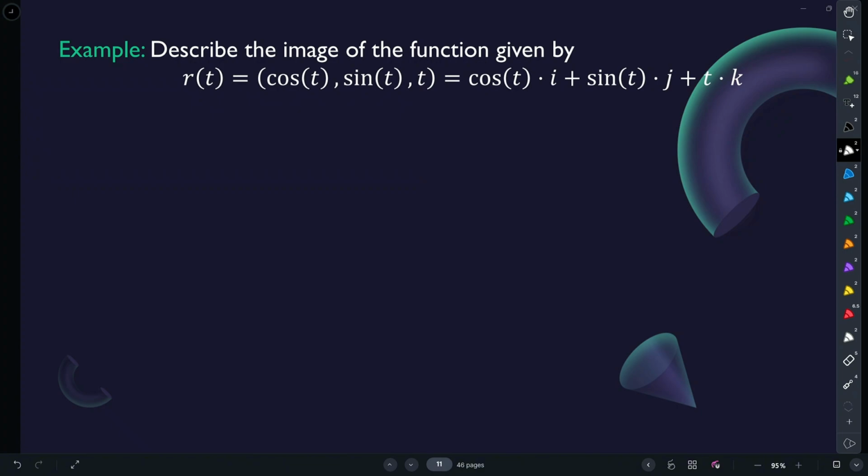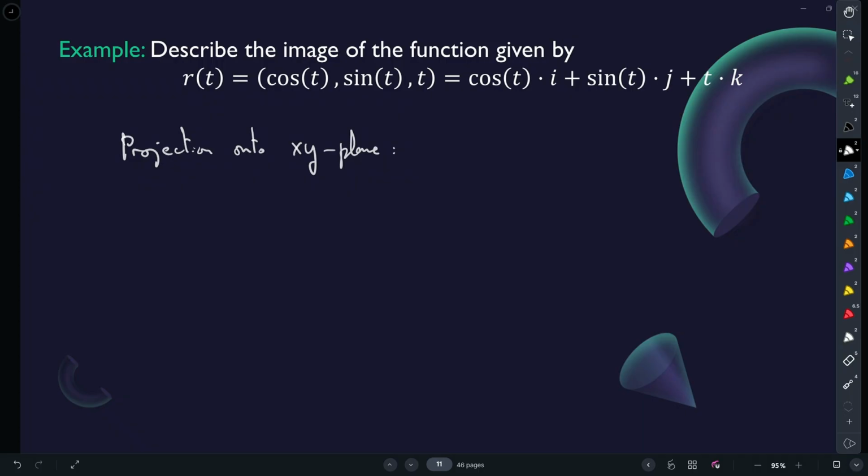In this case, the pattern in the xy plane gives you a hint of what's happening. So first of all, let me look at the projection onto the xy plane. In the xy plane, I get a curve as t goes.